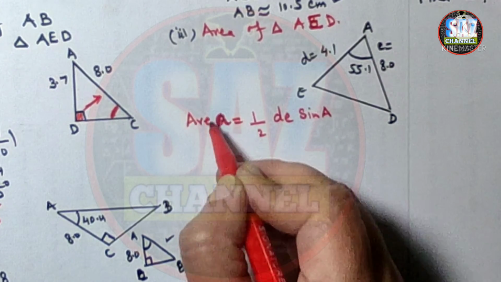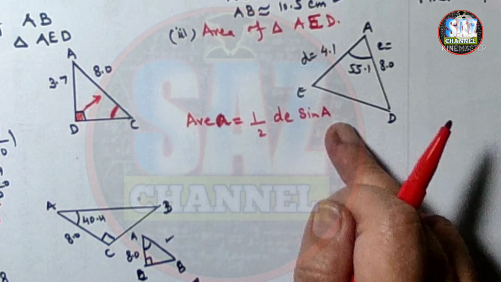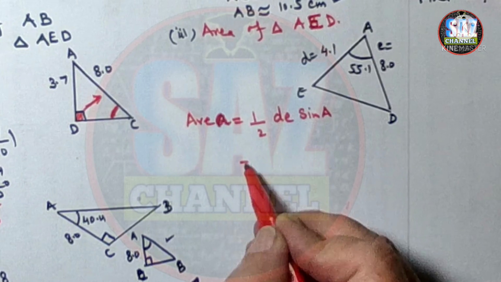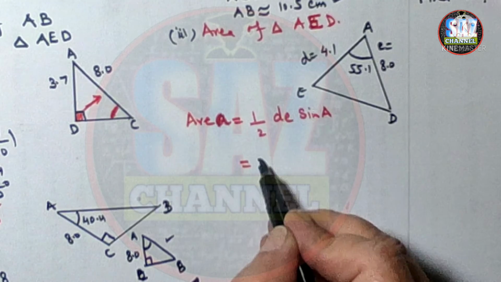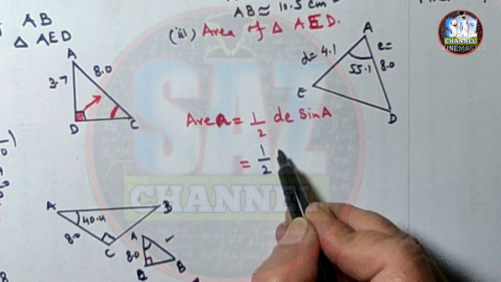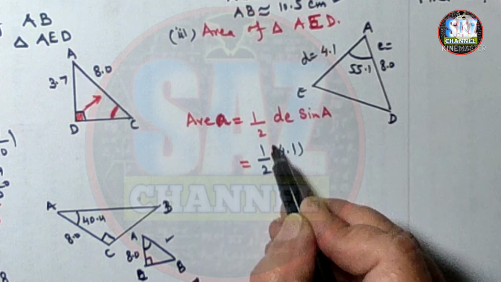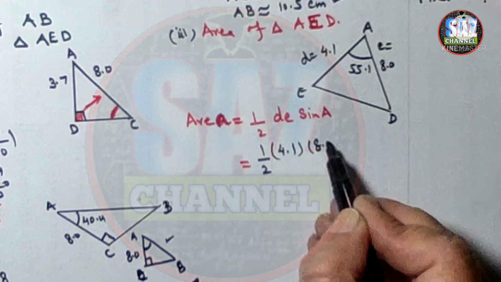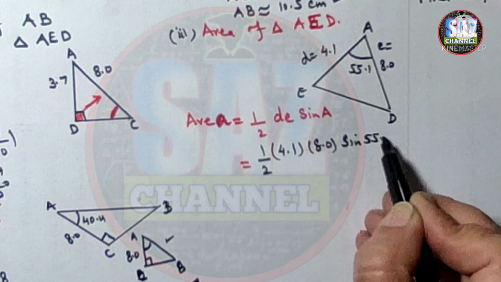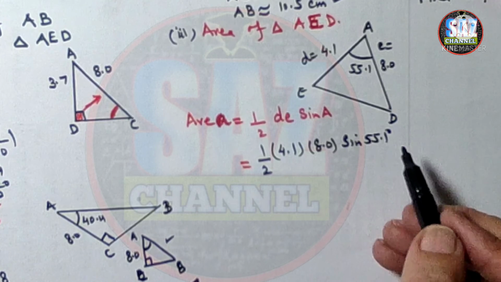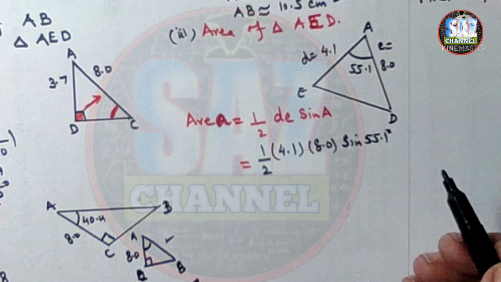Let me write area here, so that my students should not mix this A with this A. Now area equals half into 4.1 multiplied by 8.0 multiplied by sine of 55.1 degrees.